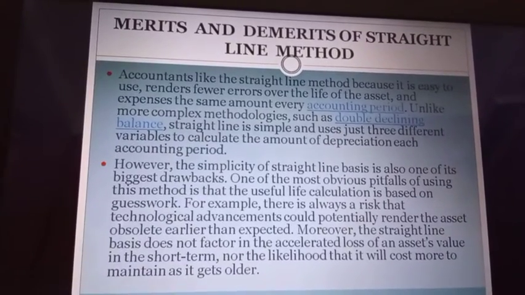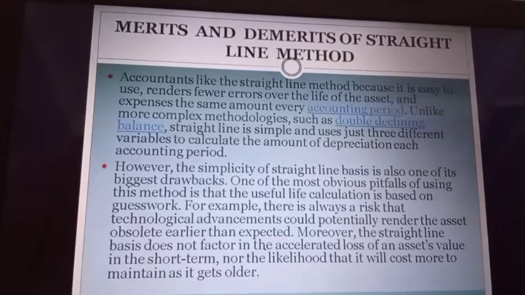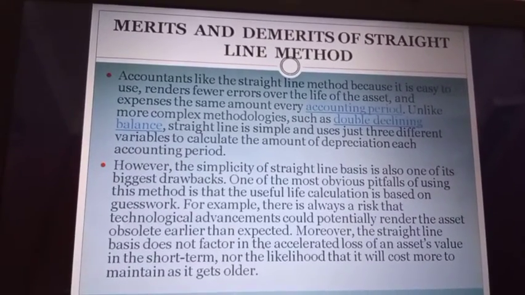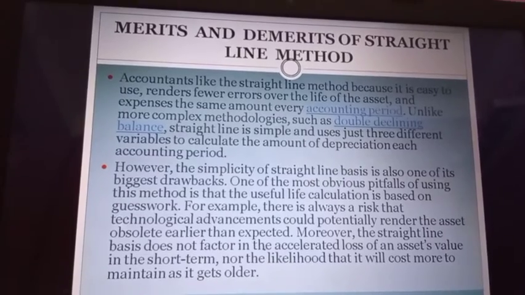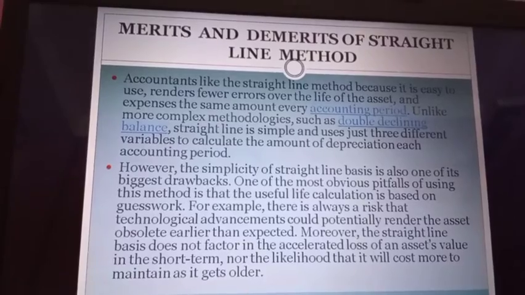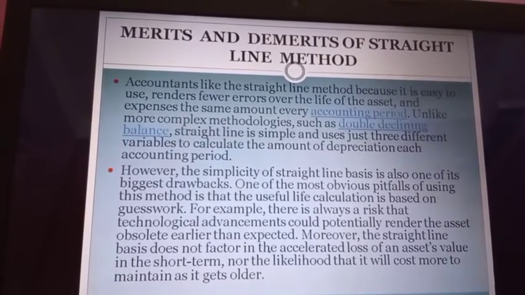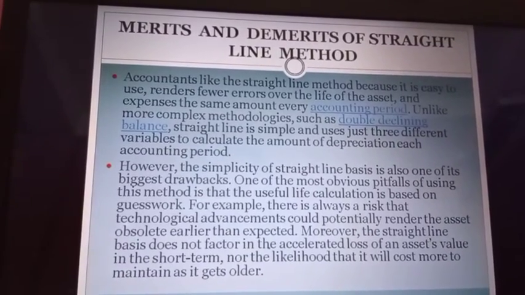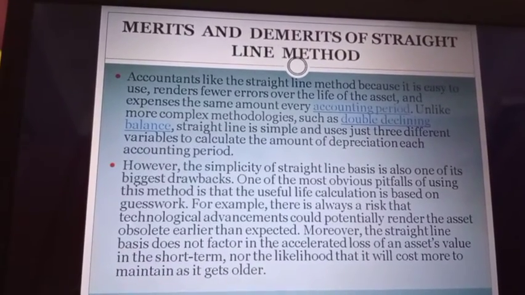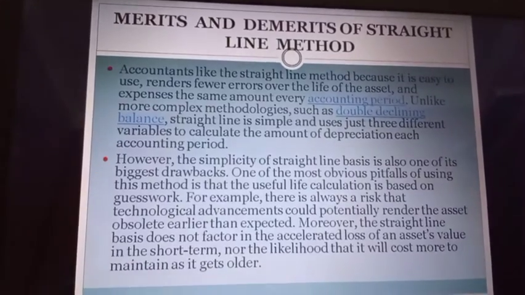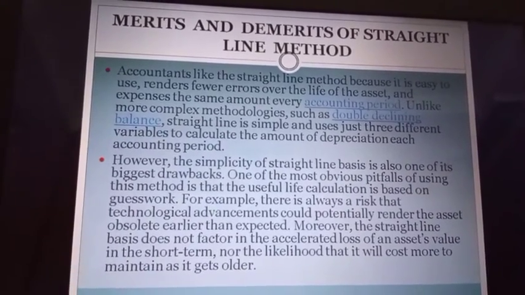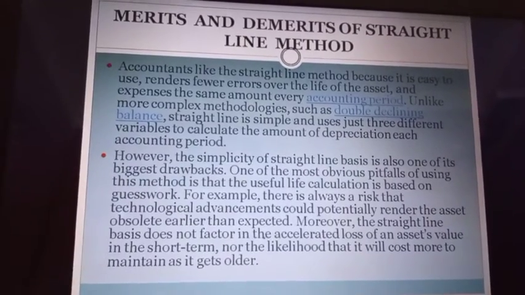But the only thing that this method lacks, or the drawback, is that the estimated life of the asset is completely dependent on estimation or prediction. It has no solid reasons or logic behind this estimation. So this is the major drawback of this method. Otherwise this method has no such drawbacks.